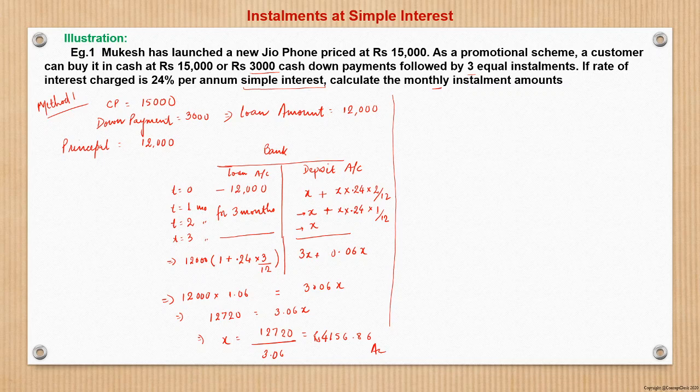Let us look upon this process once again. This is very important and very intuitive also. We are doing a very intuitive thing. Let us see what are we doing. The bank has given a loan, right? At the start of the first year, the bank has given a loan. What is the loan amount? 12,000 rupees.